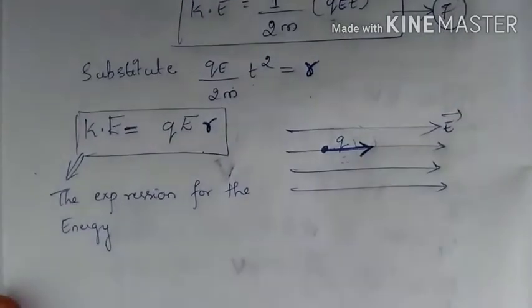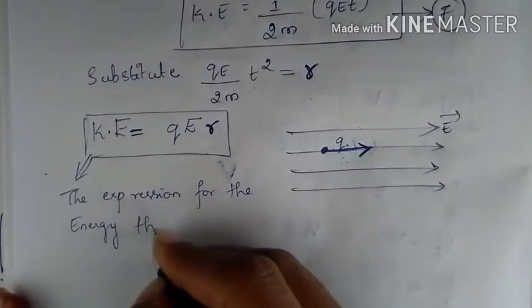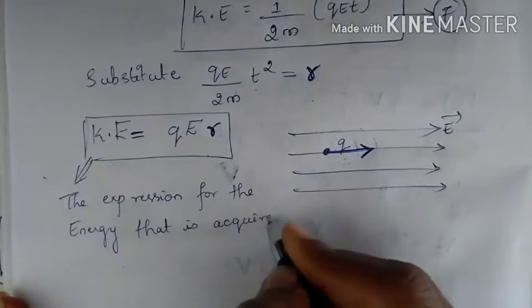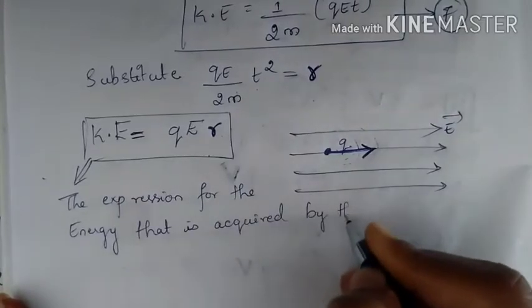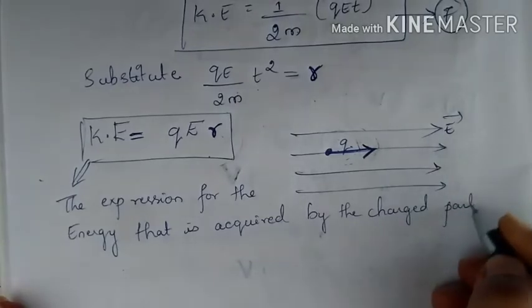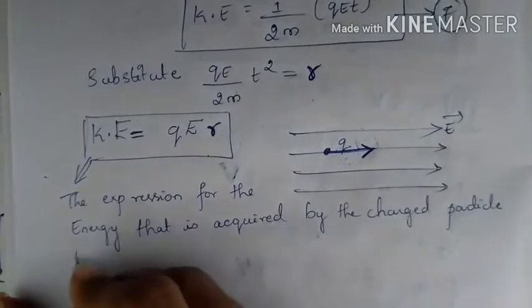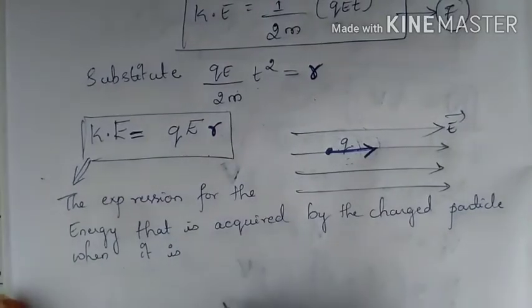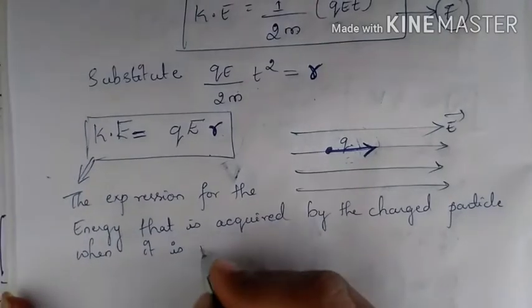This is the expression for the energy that is acquired by the charged particle when it is kept in a uniform electric field or when it is moving in an electric field.